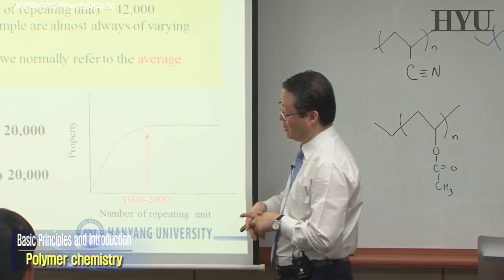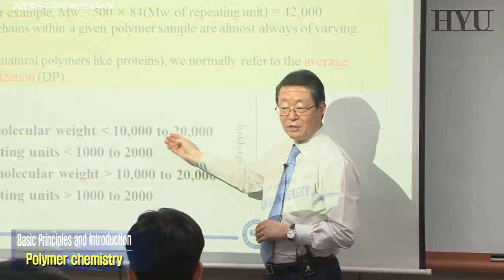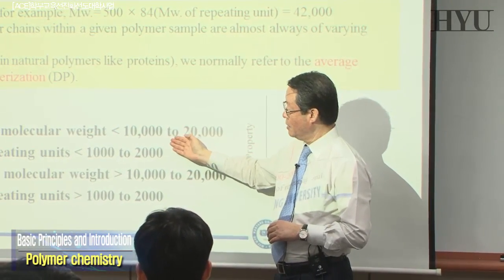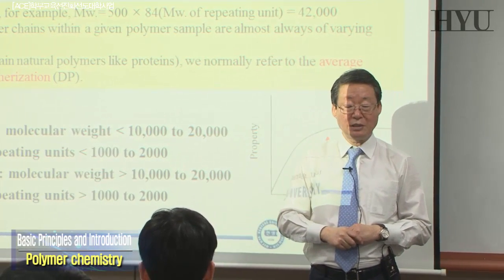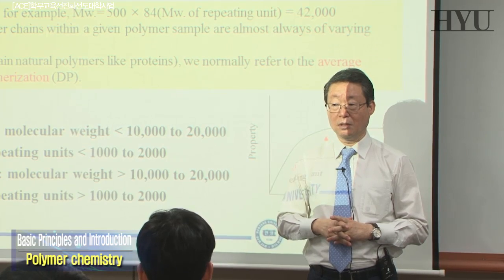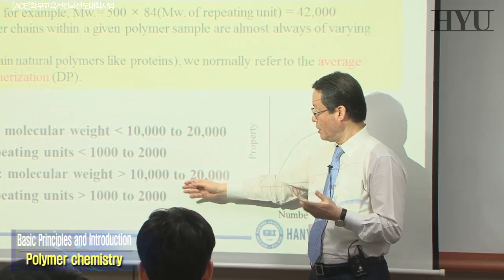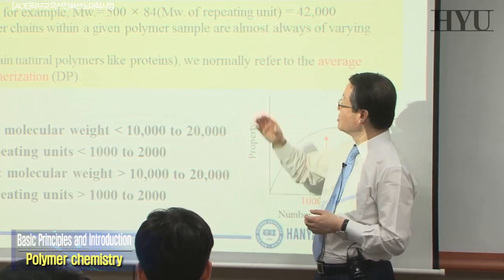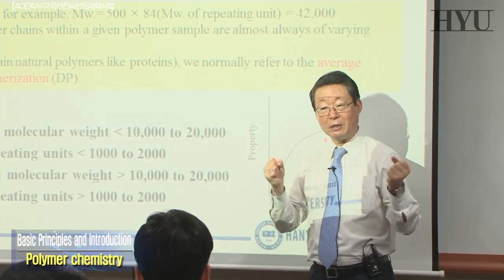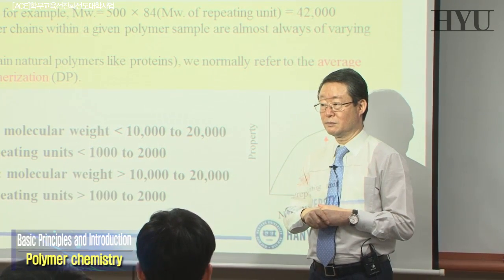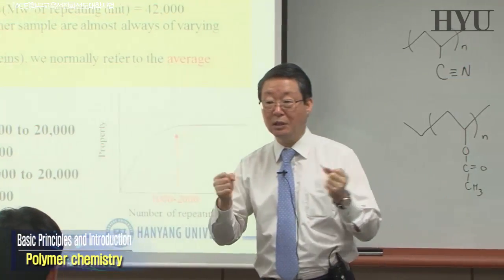If the molecular weight is low, for example, 10,000 or 20,000, then the material is not imparting the right property. If the molecular weight is over 10,000 or 20,000, say about 42,000, then you have the right properties of the material, such as elasticity.